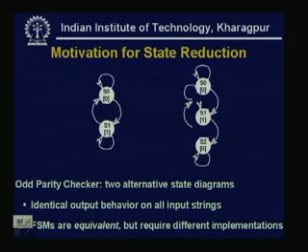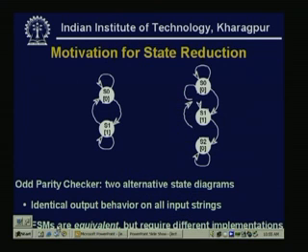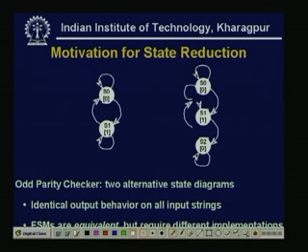We have seen there are 2 alternative state diagrams. If the initial state is S0, then if a 0 input comes, any number of 0s means even parity, because no 1 is there.